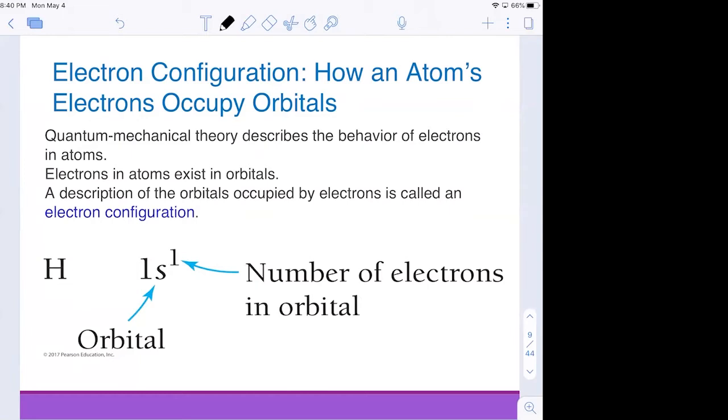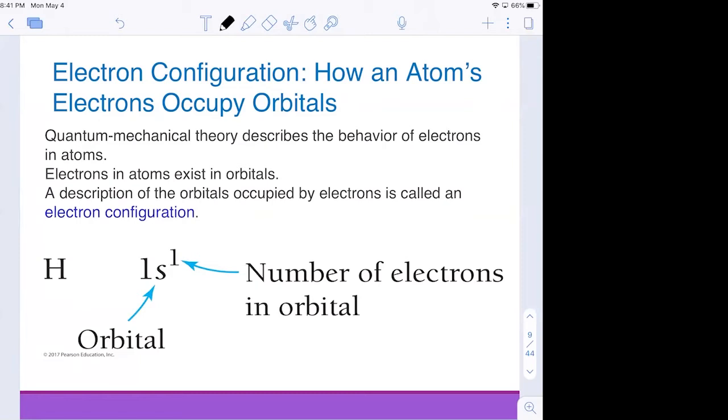We know where they can be found based off of the probabilities of quantum numbers. Now we're going to take those quantum numbers and change it into what we call the electron configuration, how an atom's electrons actually occupy the orbitals. We've discussed all the different orbitals and all the different options with quantum numbers, but now let's put it together and put it with the elements themselves.